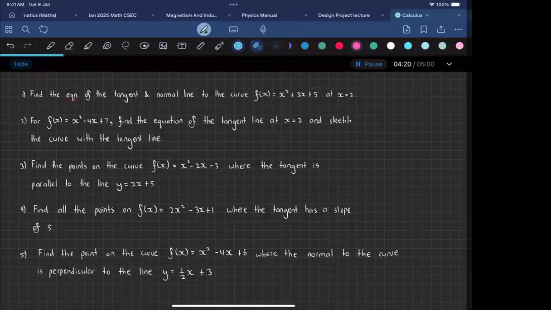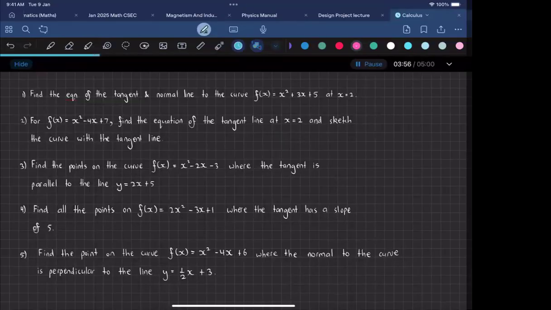They're saying that the tangent is parallel to the line y is equal to 2x plus 5. That line is not a normal. Wait, let me understand what it's saying. They want you to find the points on the curve where the tangent is parallel to the line.